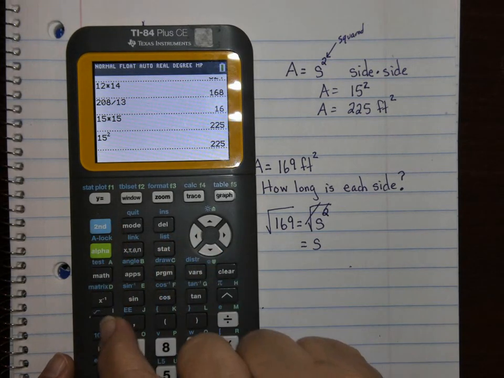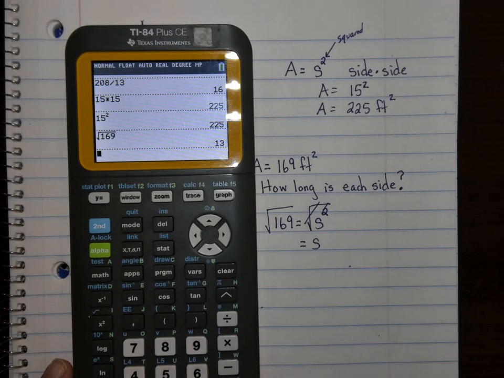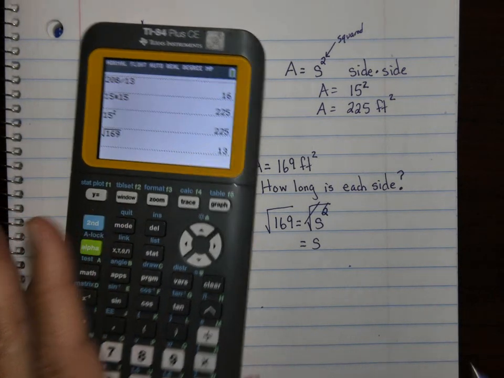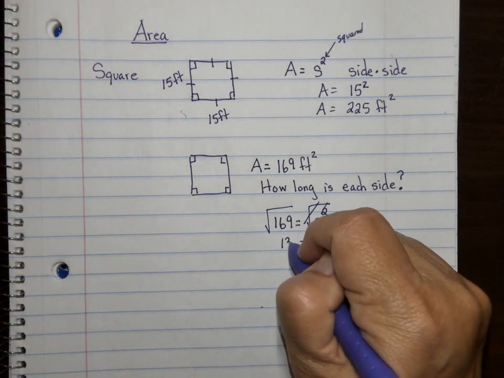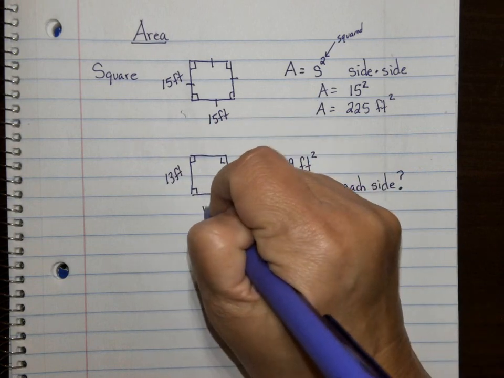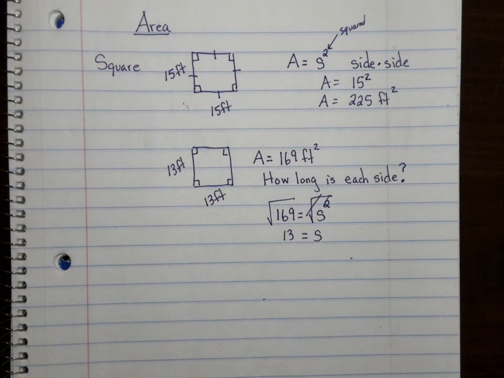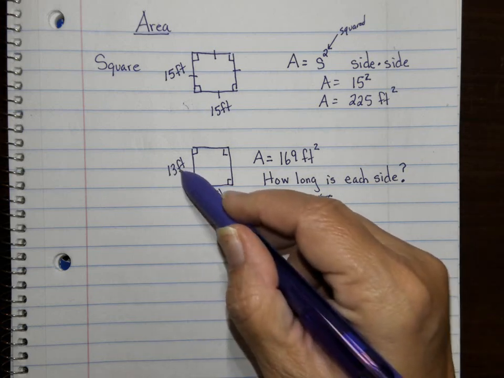It's going to be 2nd square root of 169. And we're going to get 13. So it means this side is 13 feet and this side is 13 feet. Does that mean they're all 13 feet? They would all be 13 feet, yes. All four would be 13.